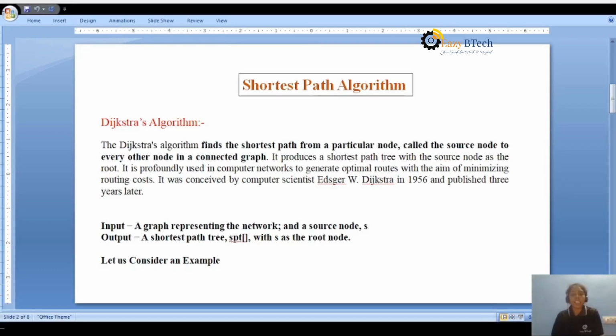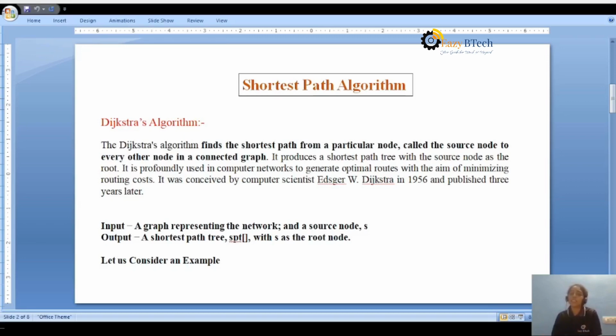We can send data from source to destination by using a best route. Dijkstra's algorithm is a greedy algorithm, or we can call it an iterative process algorithm.